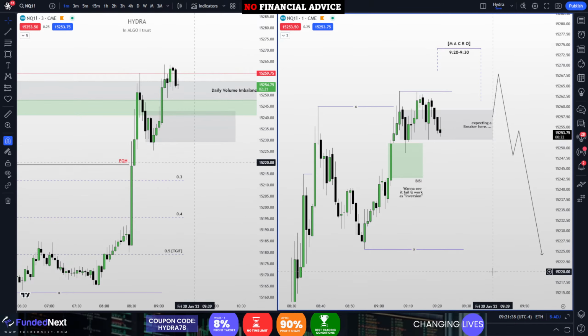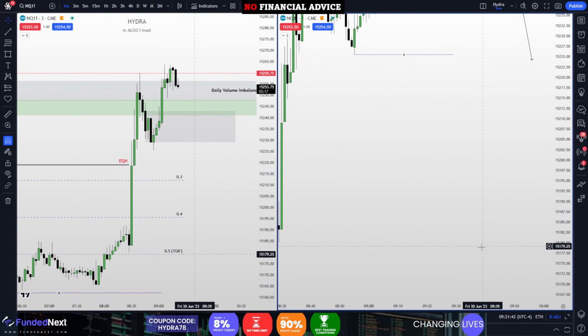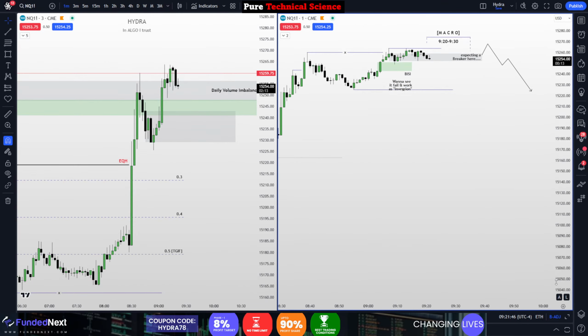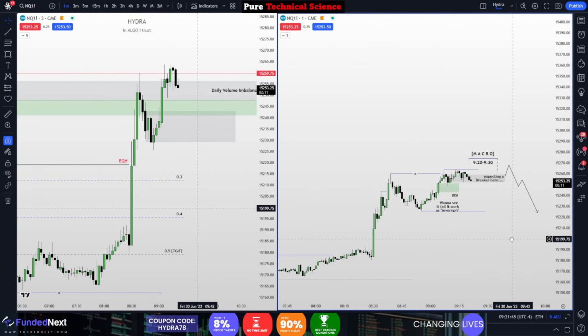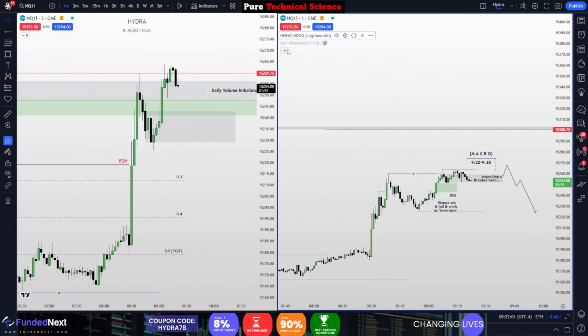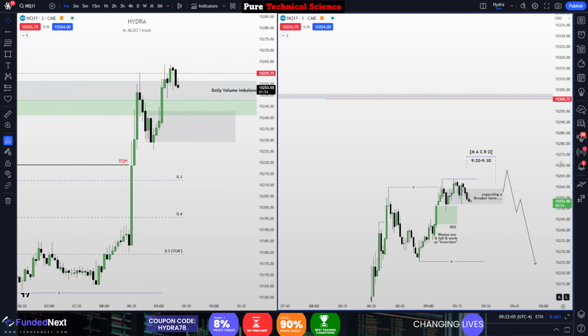There's a new week opening gap at 15,300. Yes, it's way lower. Okay, 15,300, right? Really? At this level? I want to see. Oh yes, I saw it. 15,300. This number looks good, right?